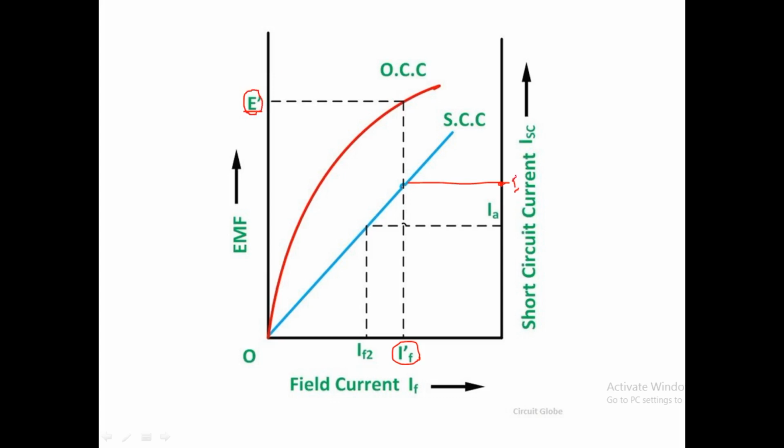This was done earlier, but here we first find E dash, and corresponding to this E dash we find IF dash. Similarly, we consider the rated current under SC condition, the rated short circuit current, draw a line, and find the current IF2.